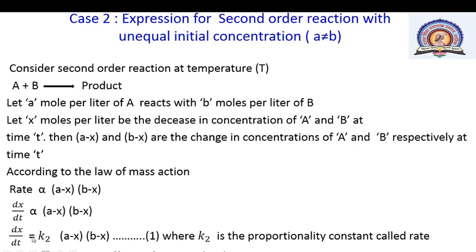Therefore, dx by dt is equal to, removing the proportionality sign and taking the constant k2, k2 into a minus x into b minus x. This is equation number 1, where k2 is the proportionality constant called the rate constant or rate coefficient for a second order reaction with unequal initial concentrations.